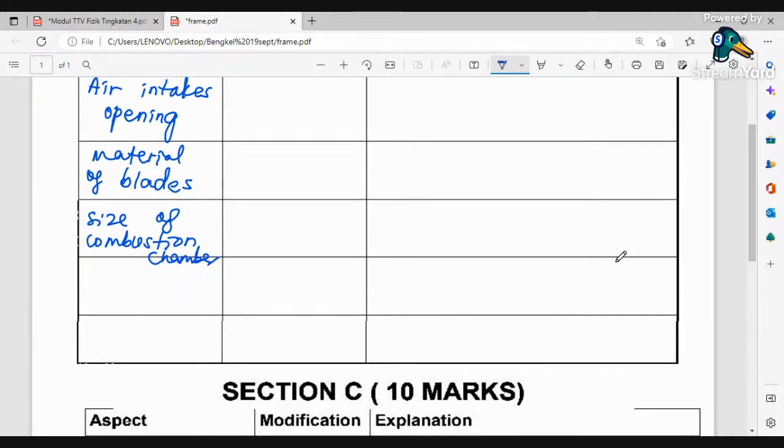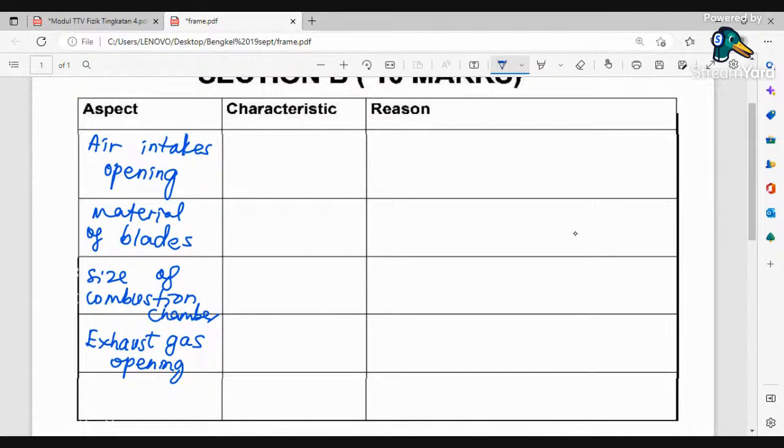Dan yang keempat ialah exhaust gas opening.